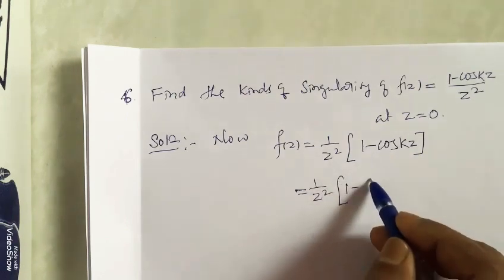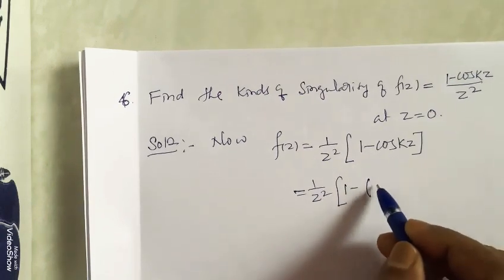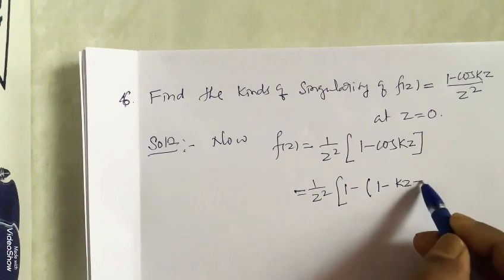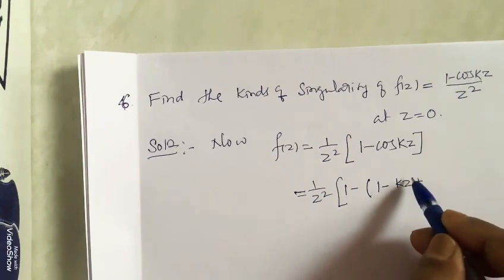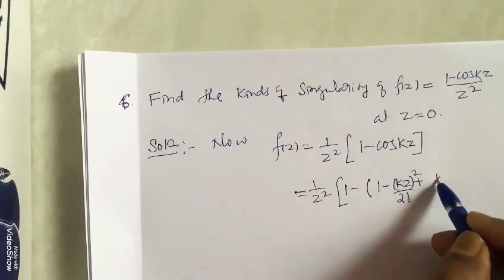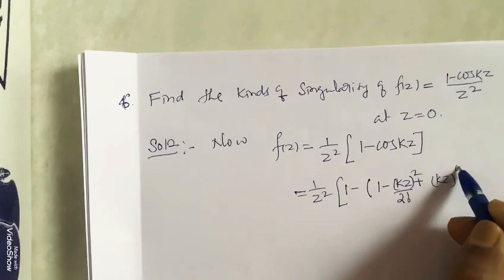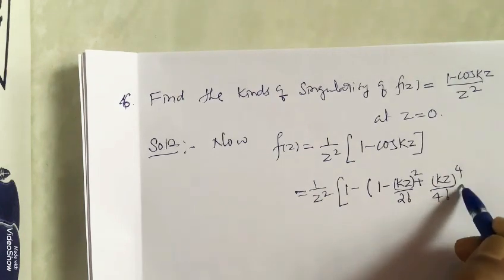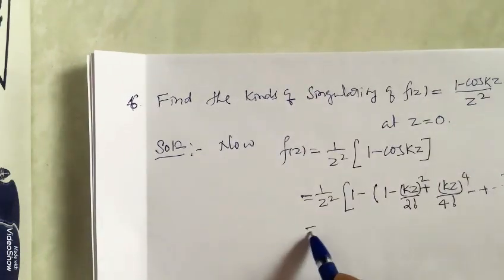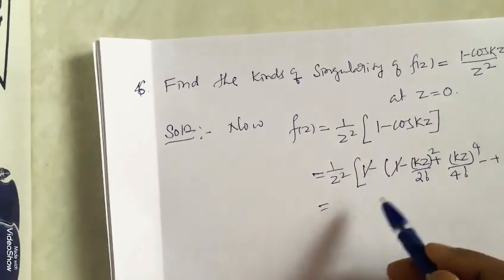So 1 you keep as it is, and the expansion of this is 1 minus k square z square divided by 2 factorial plus k raised to 4 z raised to 4 divided by 4 factorial, minus plus and so on. So the 1 and 1 get cancelled.